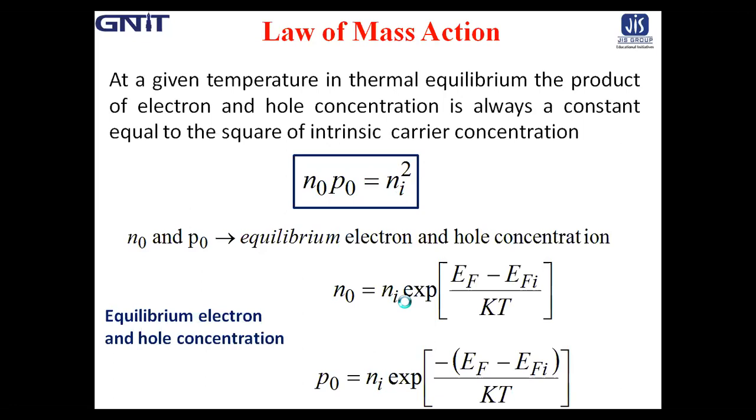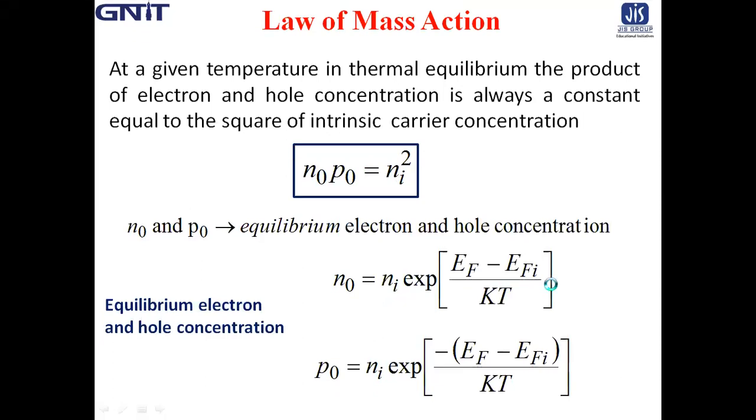N0 is equal to Ni times e to the power (EF minus EFi) by KT, and P0 is equal to Ni times e to the power minus (EF minus EFi) by KT, where EF is the Fermi energy level of the doped semiconductor, EFi is the intrinsic Fermi level, K is the Boltzmann constant and T is the temperature.